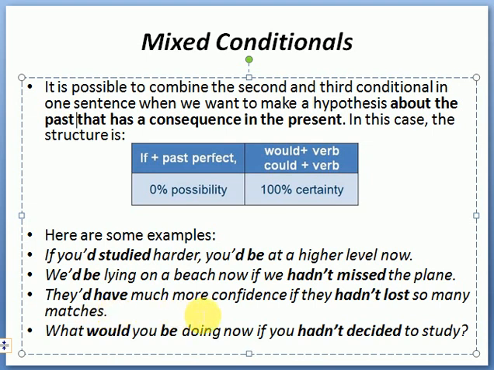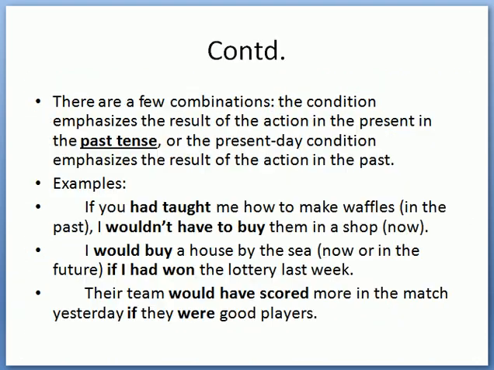Similarly, they would have much more confidence, main clause, if they had not lost so many matches, if clause, which makes use of the past perfect, and here modal auxiliary plus first form of the verb. So in these examples too, you may have a look and see the same structure.